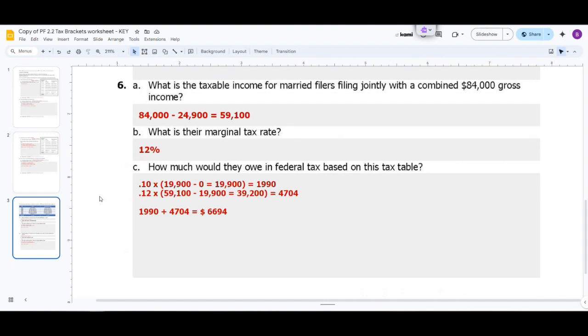So if you've gone through the last couple of days and you're still feeling like, oh man, I don't really get this, I don't understand the calculations, you can still do very well on this standard. The 2.2 standard is all about taxes. It's not just calculating the tax burden on a federal income tax.